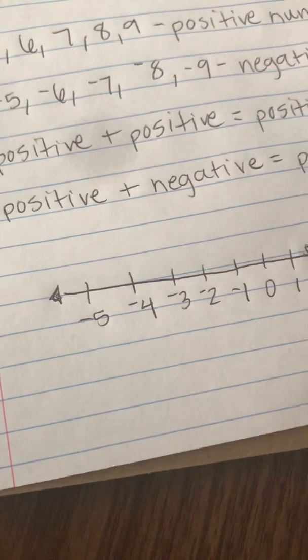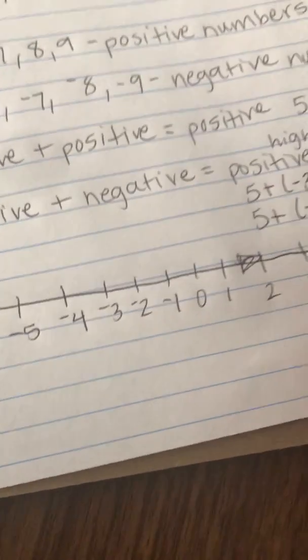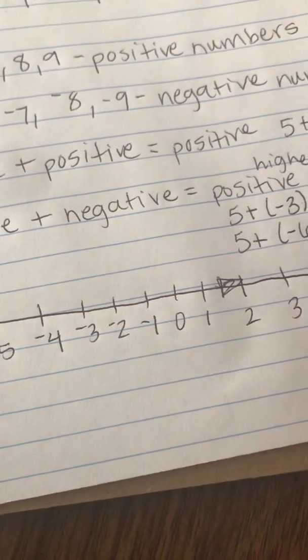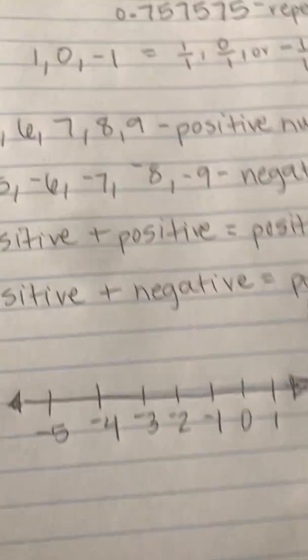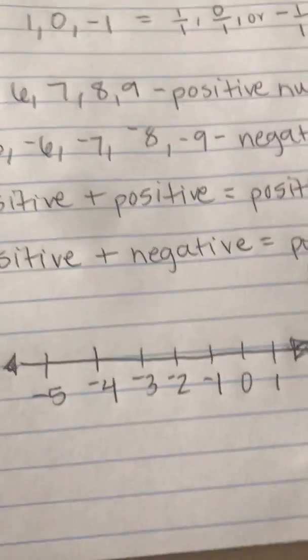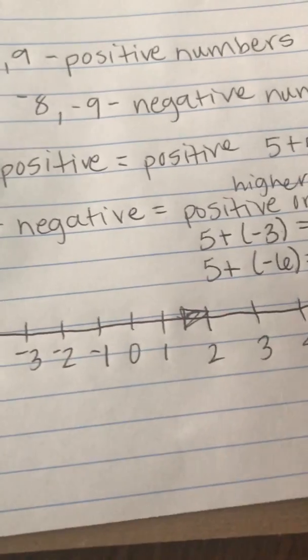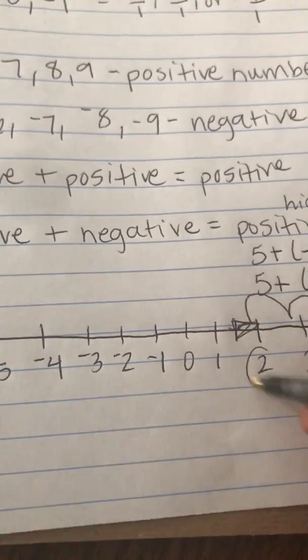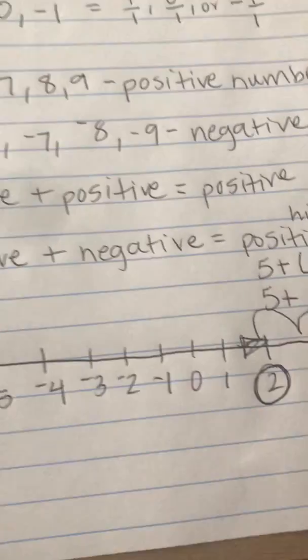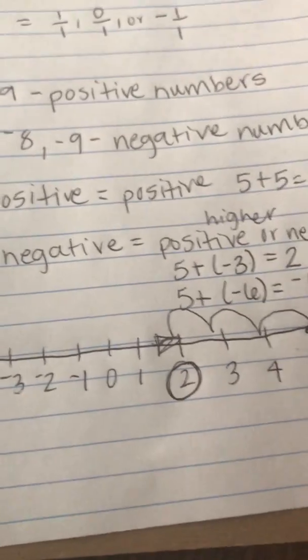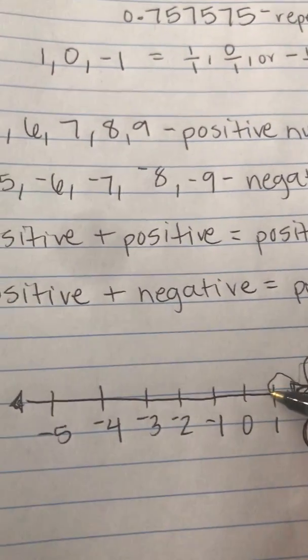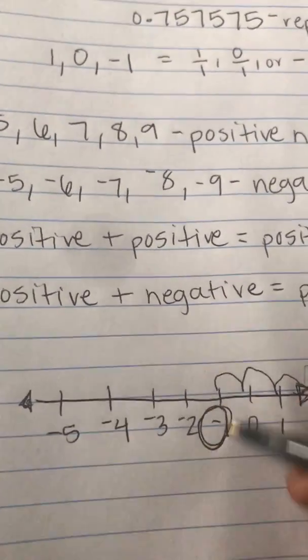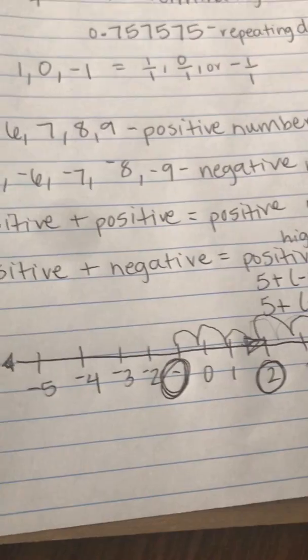I have to extend this number line. 2, 3, 4, 5. So whenever you have a negative, you must go backwards because negative takes us back, not forward. So if I start at 5, I have to hop back 3. So 1, 2, 3. Notice it landed on a positive 2. If I had 5 plus -6, I have to go back some more. So I did 1, 2, 3, 4, 5, 6. So notice it landed on that -1.